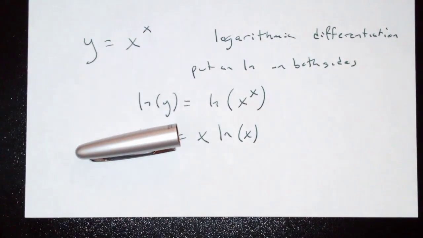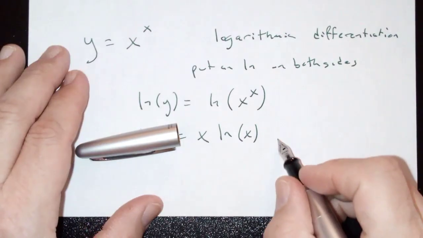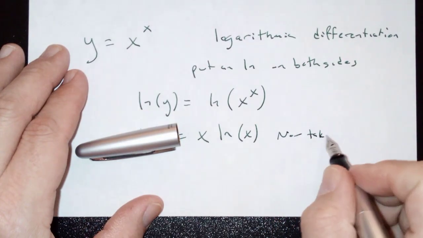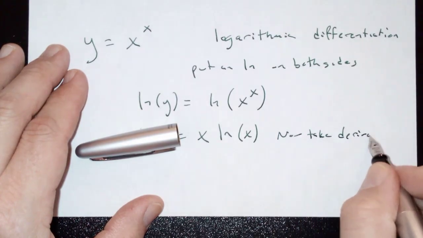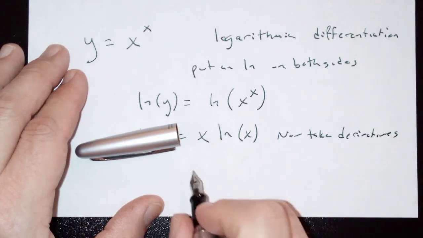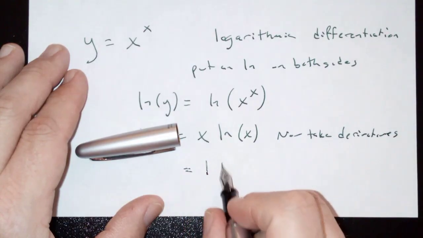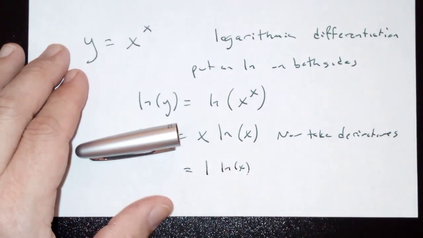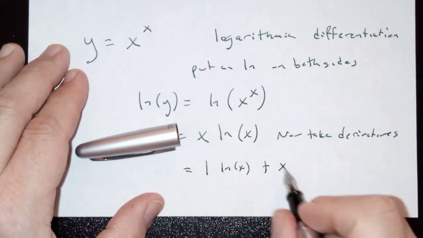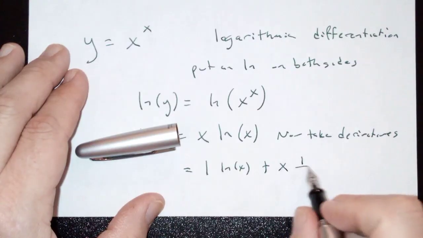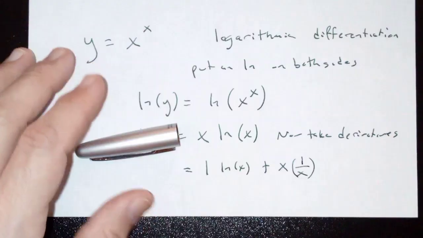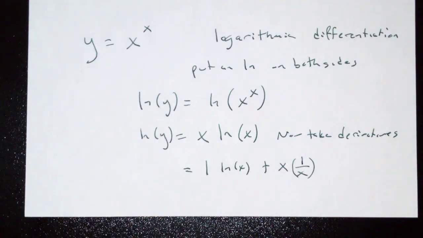On the right, I use the product rule. Derivative of the first part, leave the second part alone, plus leave the first part alone, take the derivative of the second part. What about on the left side?